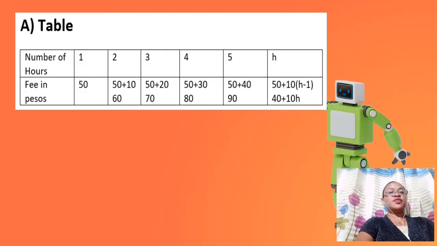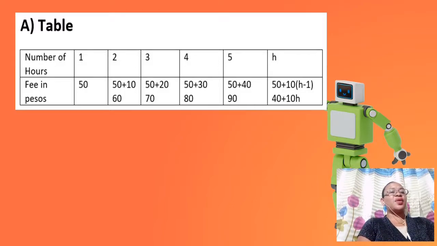So 50 for the first hour and 10 pesos for the next hour. So that becomes 60. And if you park for 3 hours, you will pay 50 pesos for the first hour. And for the next 2 hours, you will pay 10 pesos per hour. And so you will pay 20 pesos. So the total fee will be 70 pesos.